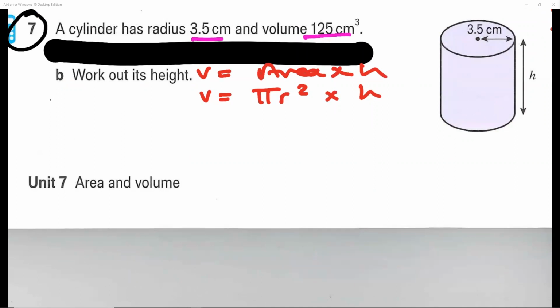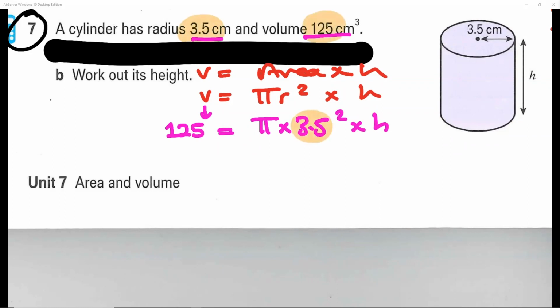Where do you put these numbers? We just substitute: 125 equals the volume, and 3.5 goes into this part over here. So the 3.5 gets dropped down here, the 125 gets dropped over here, and we get a substitution like this.